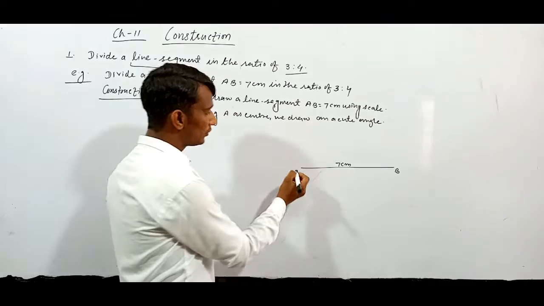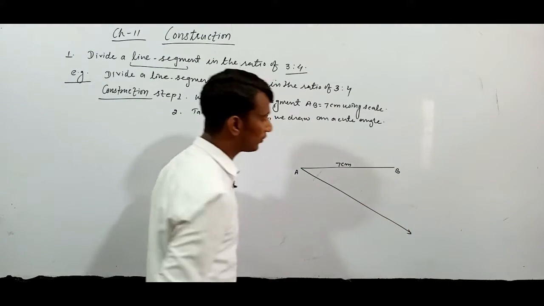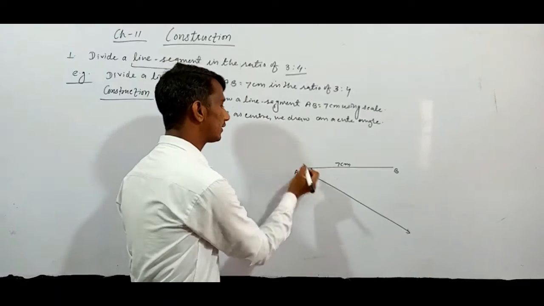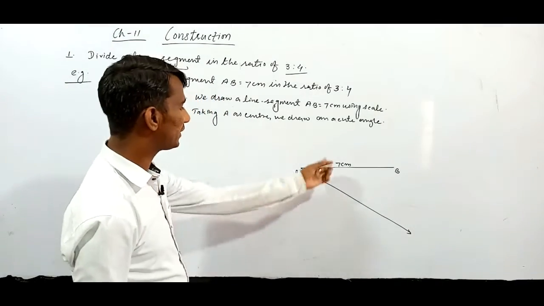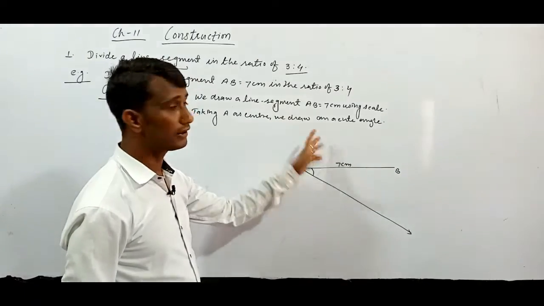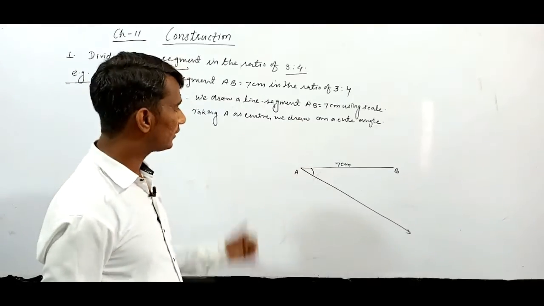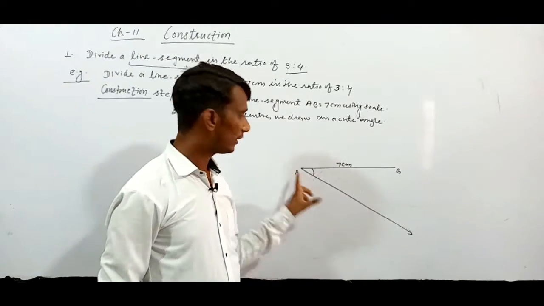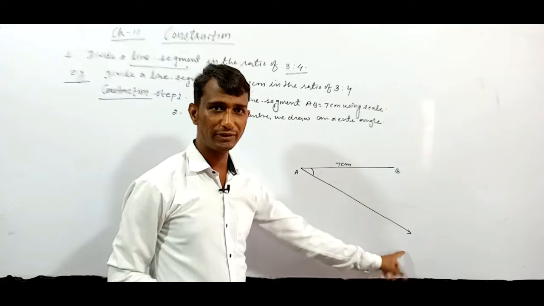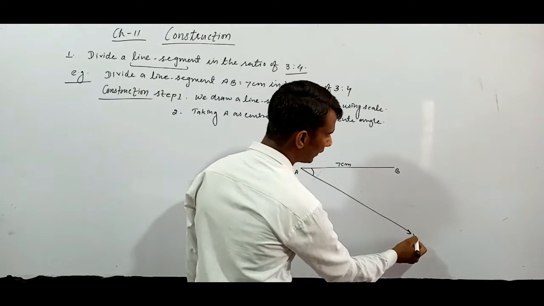Any angle, no measurement is given, you can take any acute angle. Using the compass or the protractor you can draw any acute angle, or directly you can use the scale and draw the line which forms an acute angle, and the name of this line is AX.